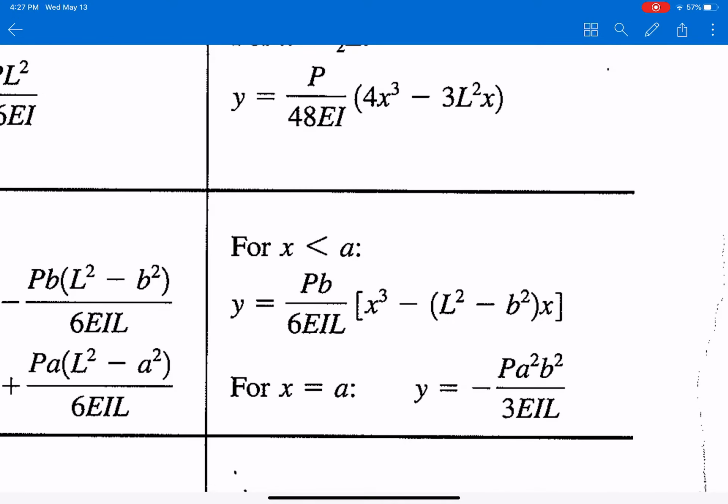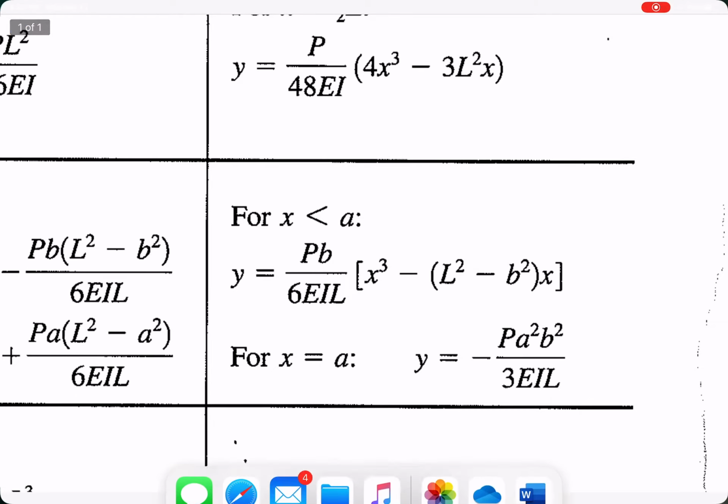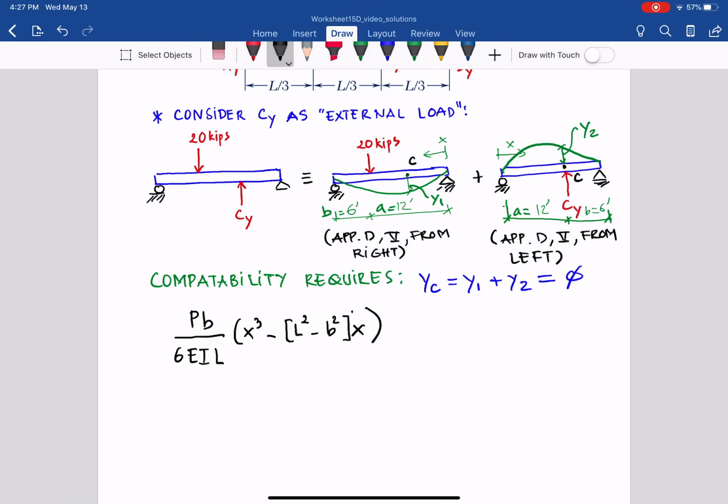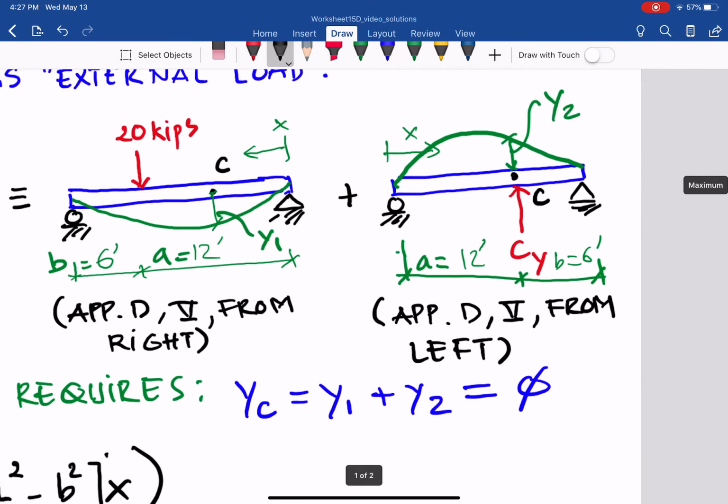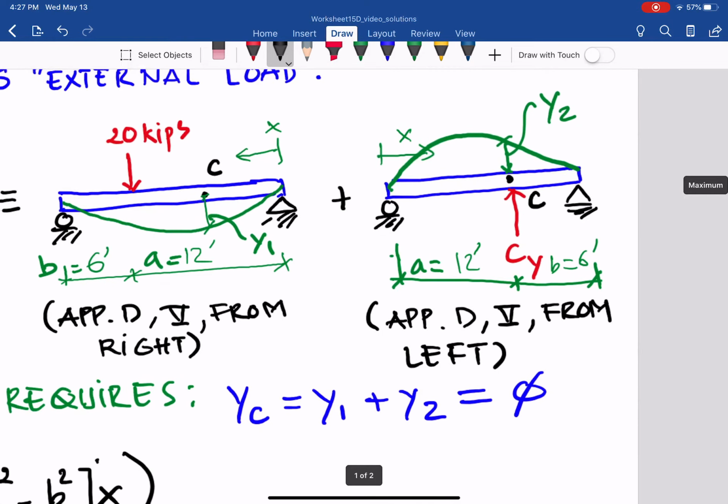And that is for Y2, for X equal to A, which is exactly at the load. In this case that is the Y2 here, you can see exactly at the load C_Y.